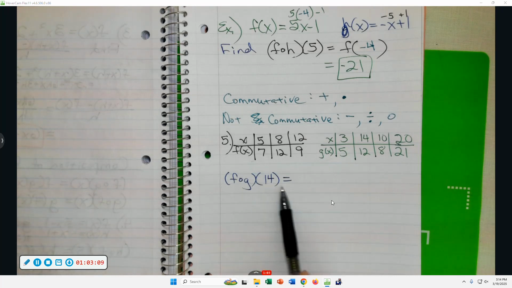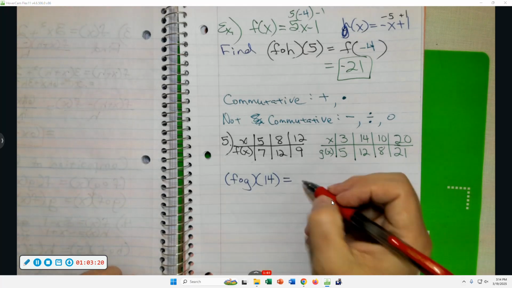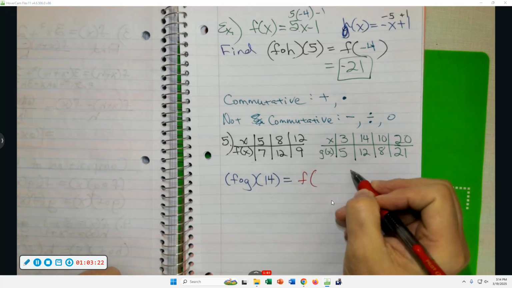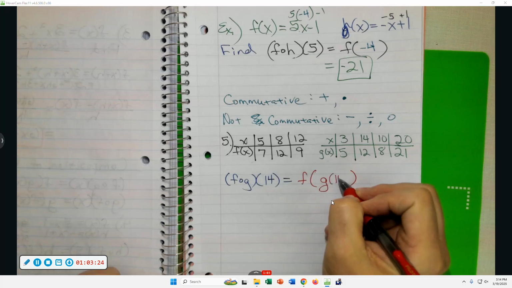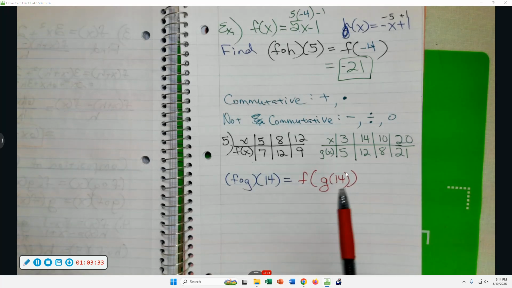Looking at this notation, you have to remember the order in which you use it. I'm going to write it without the little circle. That says F of G of 14. There's no equations to plug into. Use the table to find the value of G of 14.